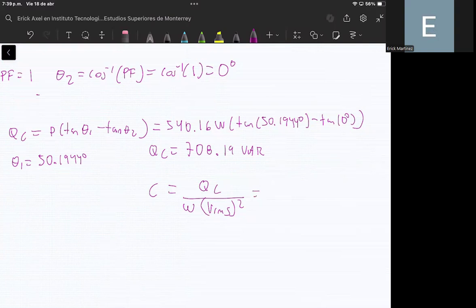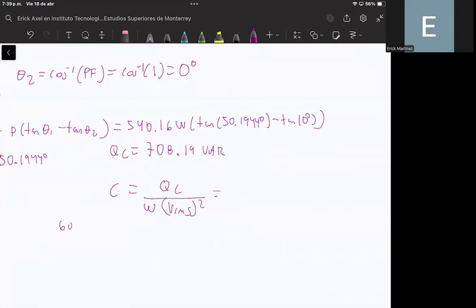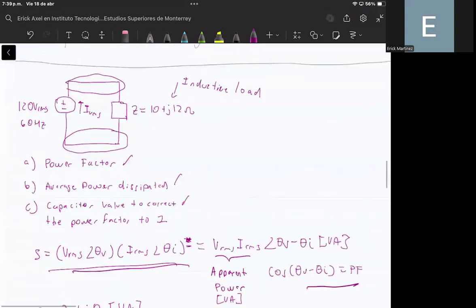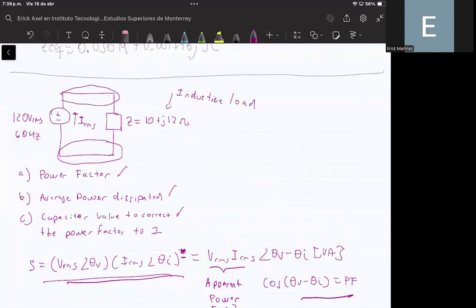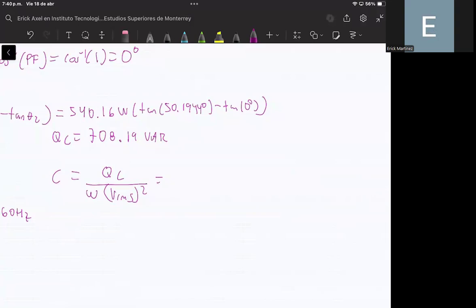The frequency needs to be expressed in radians per second, but according to the original diagram, the frequency of this voltage source is 60 hertz. So we need to convert this 60 hertz into radians per second, which is basically multiplying the value by 2 pi. Then we can substitute all of the information of the circuit into this expression.